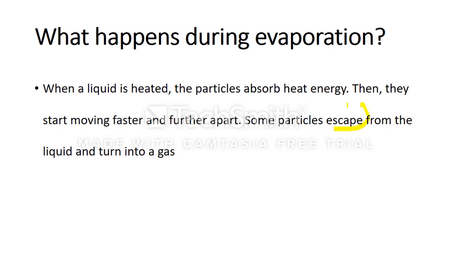This is the key word. Some particles escape from the liquid and turn into a gas. So the keywords are these: the particles absorb heat energy, they start moving faster and further apart, and some particles escape from the liquid, thereby turning into a gas. That is what happens during evaporation.